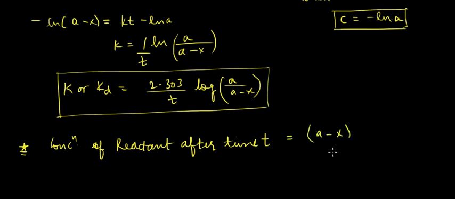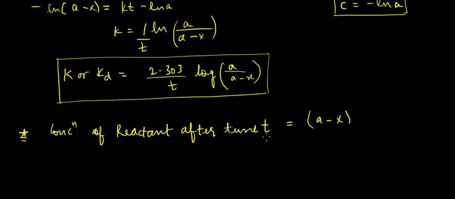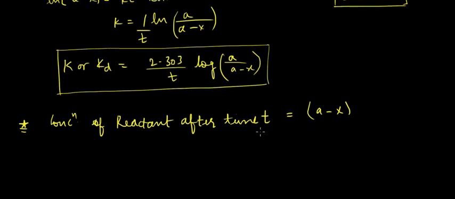So just substituting the value of x from this equation, what would we be getting? From this we can write kt equals ln a upon (a minus x).